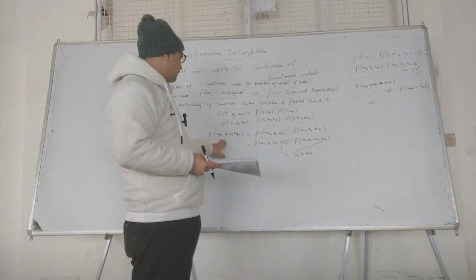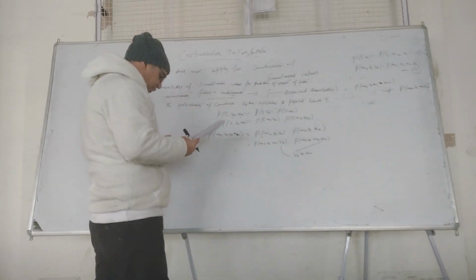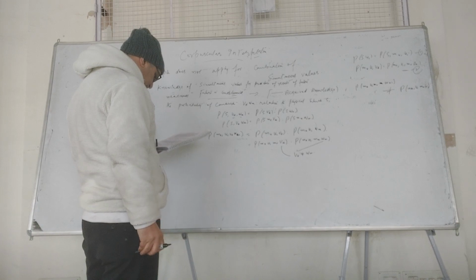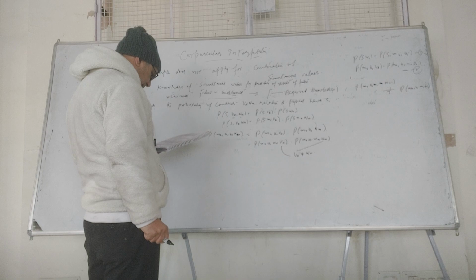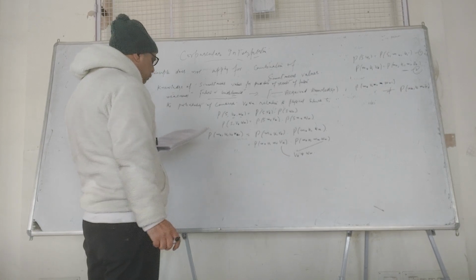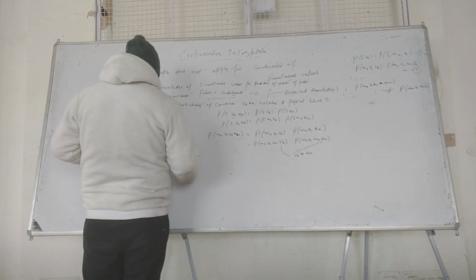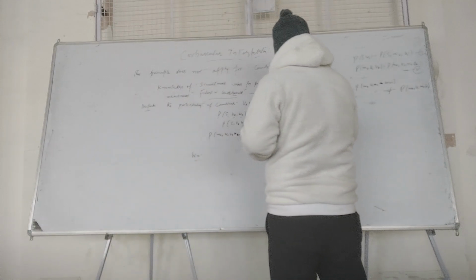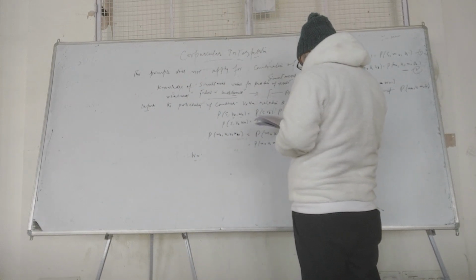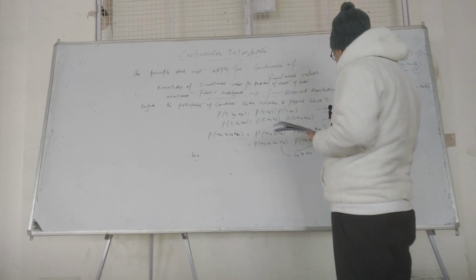The total probability of these two measurements is independent of these individual measurements. We can also use the absolute value of probability, and this means we can replace equations 4 and 6. This is 4, this is 5, this is 6, this is 7.